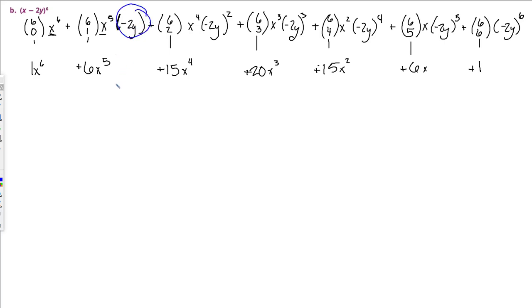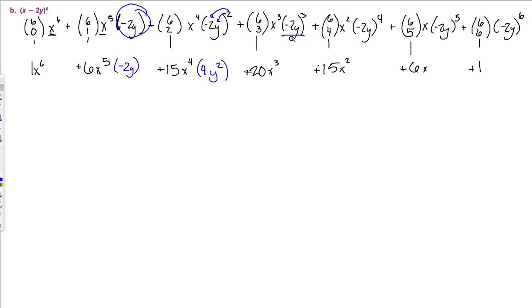We're having that negative 2y we're raising to the power. So negative 2y to the first power is negative 2y. Negative 2y squared, what is negative 2 squared? 4. So we have 4 times y squared.